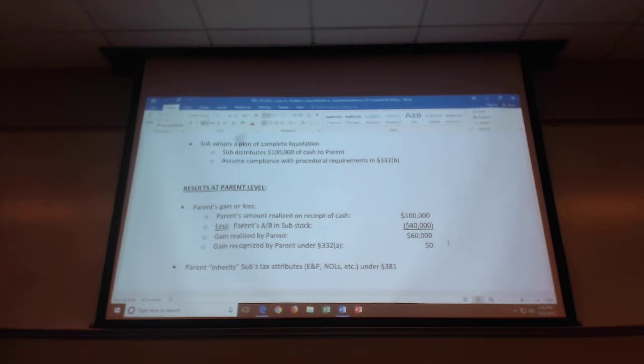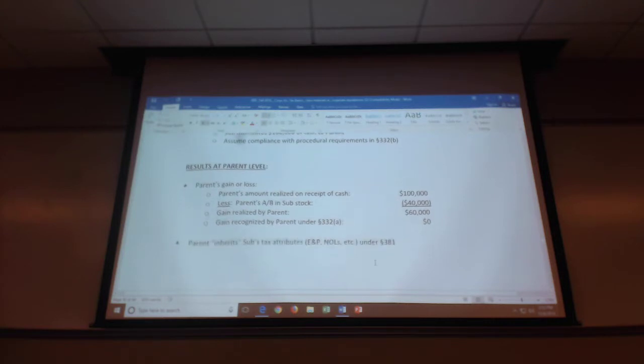Because otherwise, and we talked about this in the context of dividends going up the chain of ownership, if you had a tax on a subsidiary liquidation every time, you could have 20 subsidiaries going up the chain of ownership. So this has been embedded in the tax law for many years.